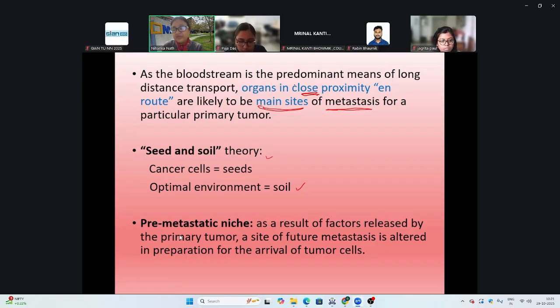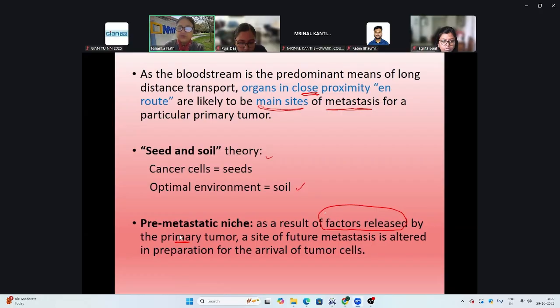And not only does the cancer cell have to go and find the nice garden for the seeds to sprout, but before that, the primary tumor can also wait, and the primary cancer cells can release certain factors. When I say factors, I'm saying that they can release certain substances. They can secrete them out and keep sending them to these different locations.